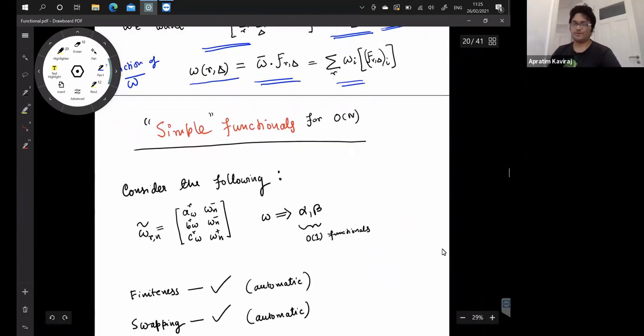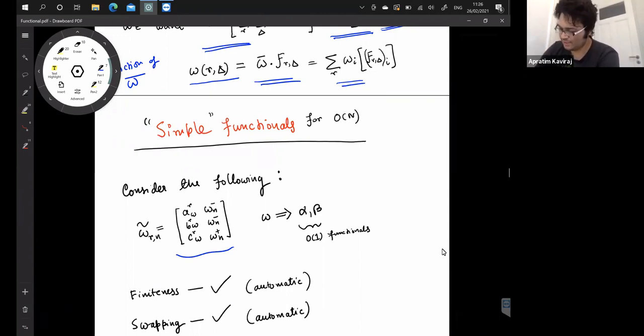So the simple functionals for ON are simple because they can be derived right from the O1 functionals I have defined in the introduction. That's why they're simple. Consider the following form: omega tilde, a certain kind of vector functional, is given as follows.